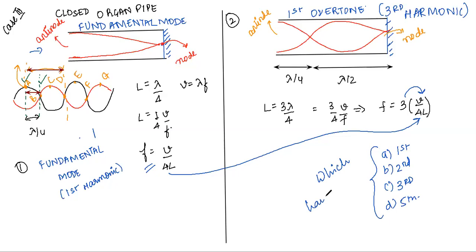Yes, sir. The second harmonic does not exist for a closed organ pipe. So the answer will be the second harmonic, as it's very clearly visible. After first, we have just got 3, right?